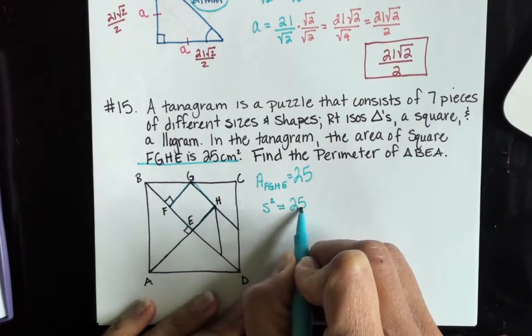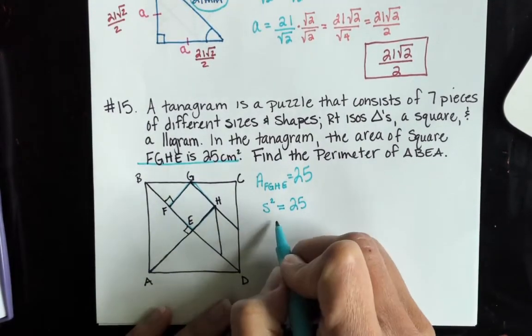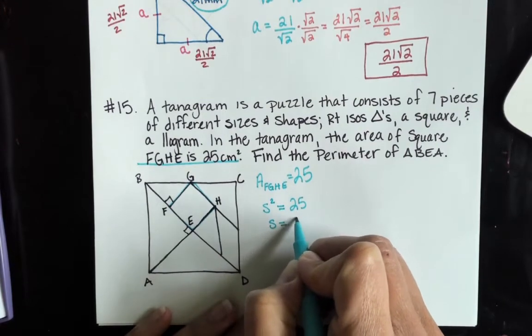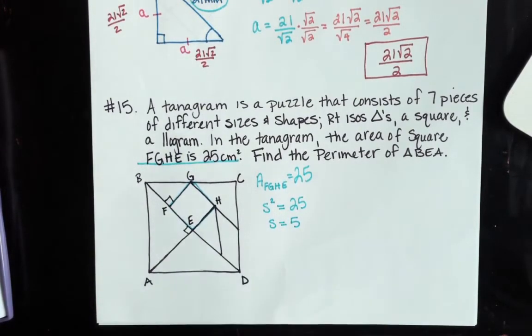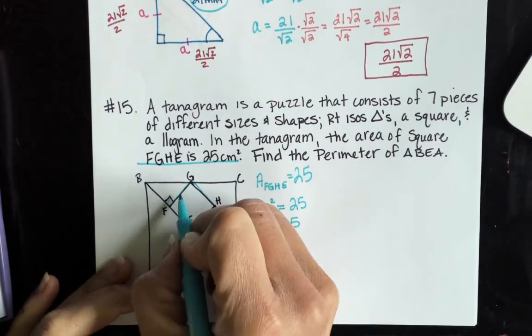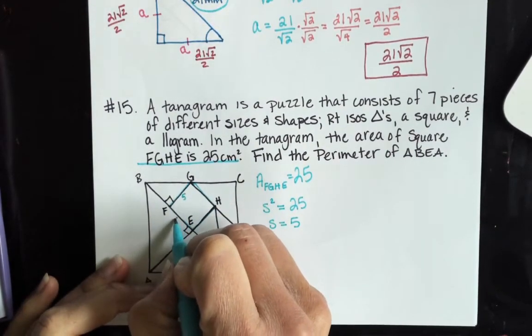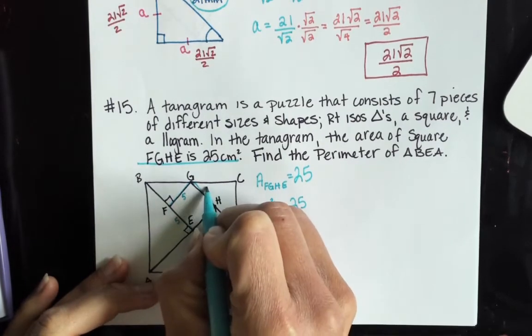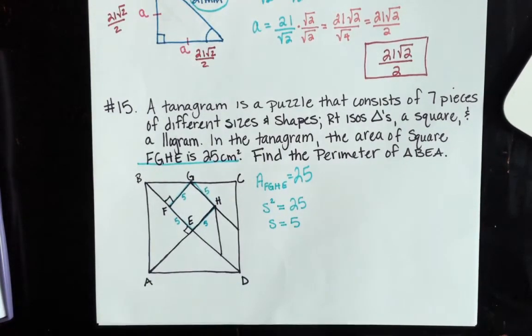So side squared equals 25. So what we find out is each of these sides is 5. So everywhere around this, we want to know it's 5. So if this is 5, and this is 5, 5, 5. So all of those pieces and parts are 5.